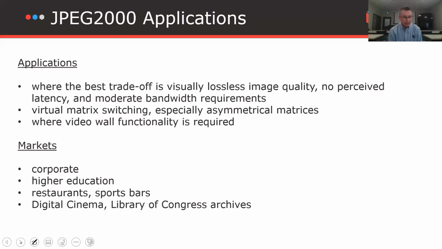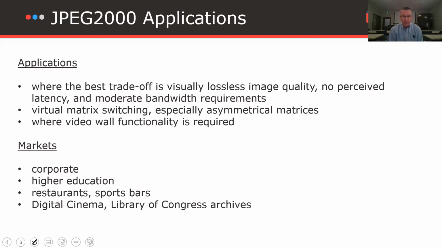Application-wise, the biggest one we see is replacing the matrix switcher, especially the big fixed matrix switchers. We have so much more flexibility with video over IP, especially when it's an asymmetrical application. Think of the sports bar application where I've got 8 satellite receivers and 60 displays. I typically have to use a 64 square fixed matrix switcher to accomplish that.